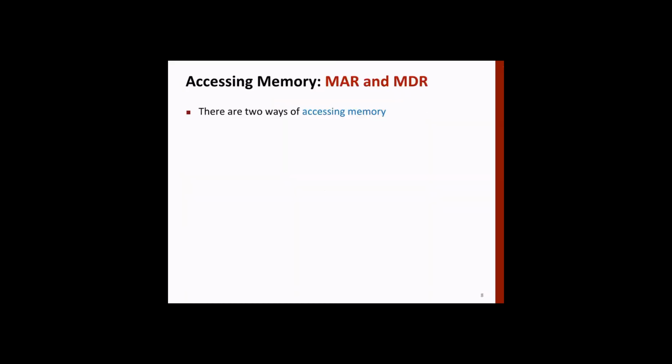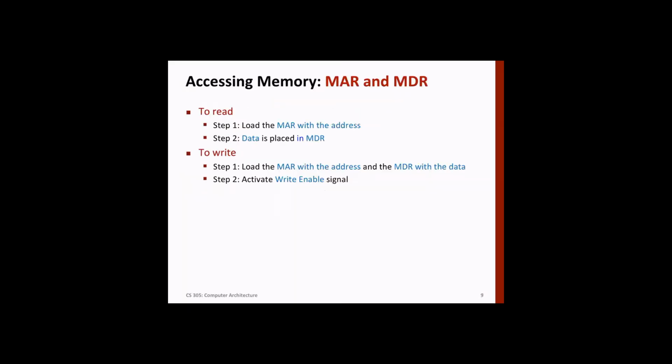So to read, we load the memory address register with the address or location that we want to read, and then data is placed into the MDR by memory.